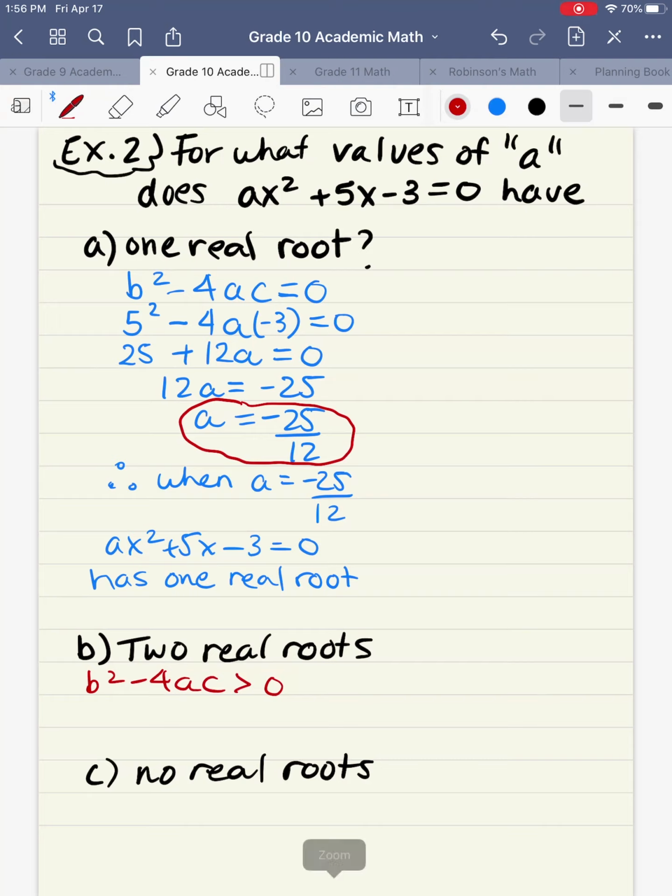So we can conclude that a must be greater than negative 25 over 12 in order for the equation to have two real roots. And for the equation for part C to have no real roots, b squared minus 4 times a times c must be less than 0. This means that a must be less than negative 25 over 12.